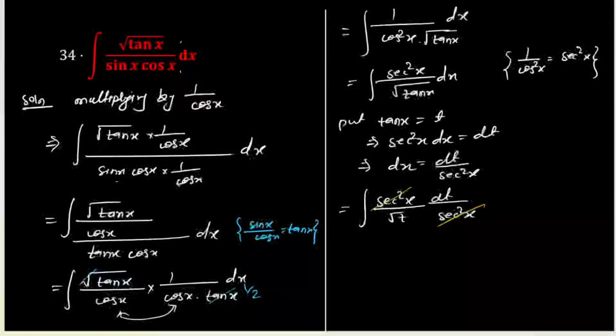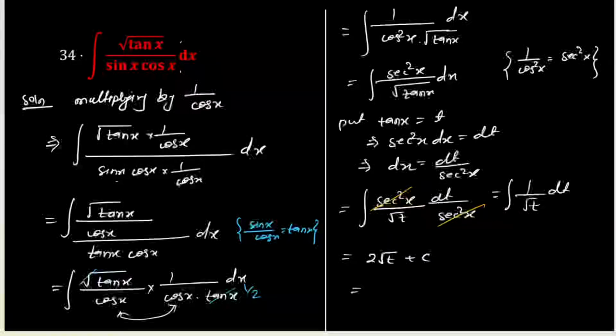So here sec and sec are cancelled. The given integral becomes 1 by root t dt, and this integral is equal to 2 root t plus c, and t we replace in terms of x, we get 2 root tan x plus c. This is your answer.